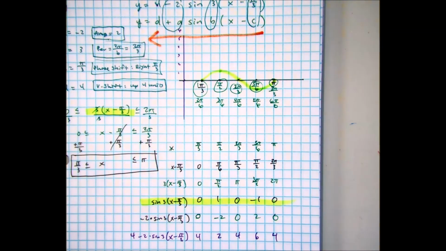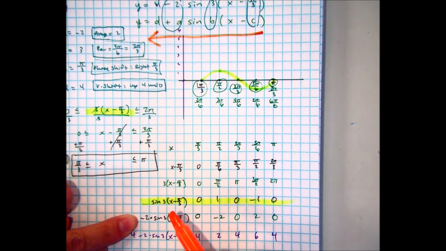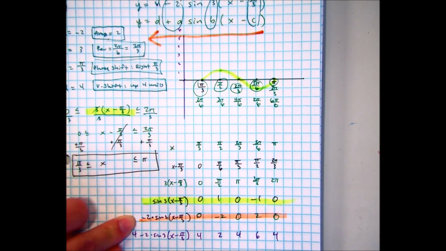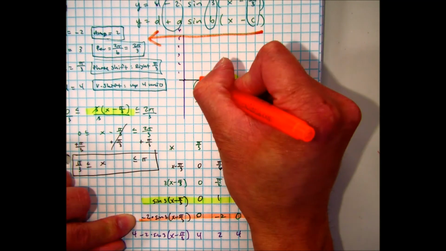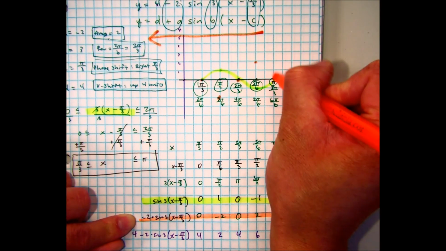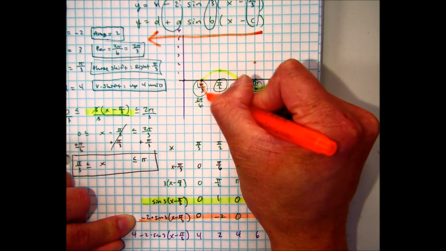Not exactly the parent function, but... And then this is what happens when you do your vertical dilation of negative 2. It's going to flip your graph. So 0, negative 2, 0, 2, 0, and add some amplitude to it.